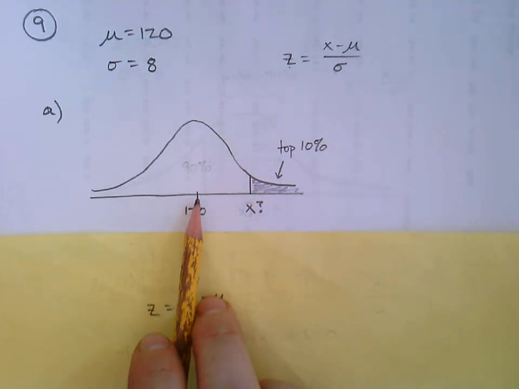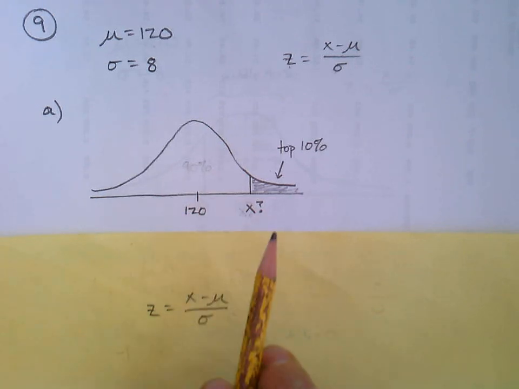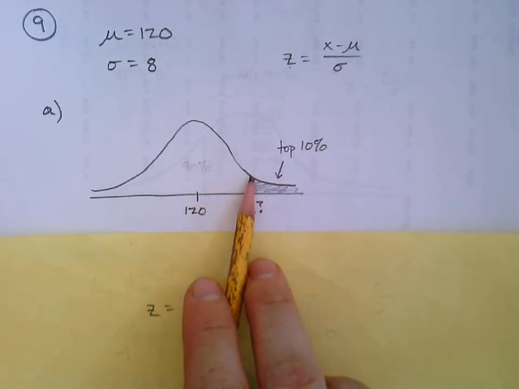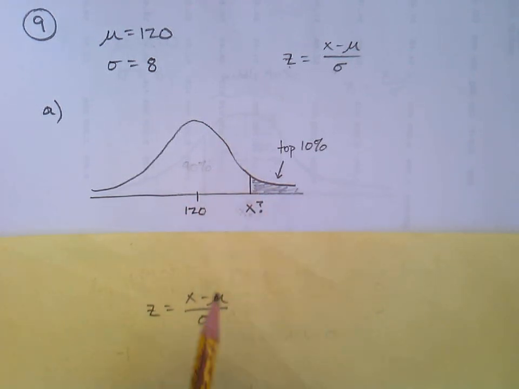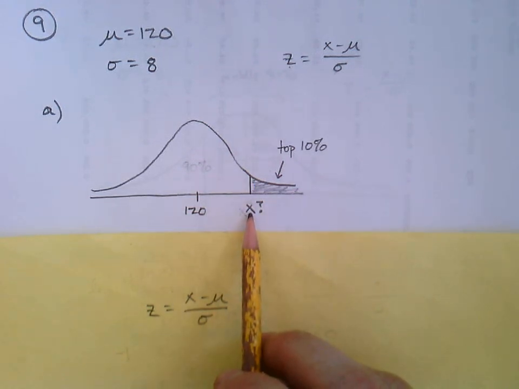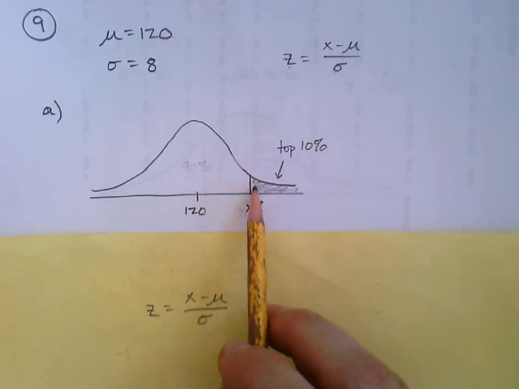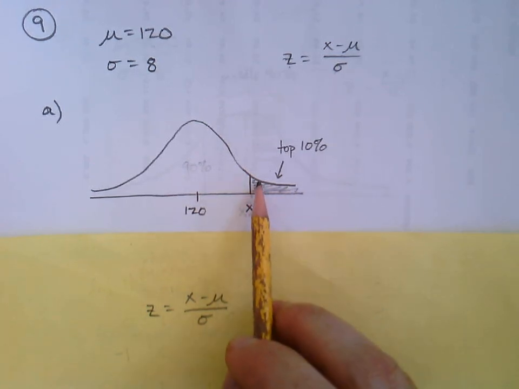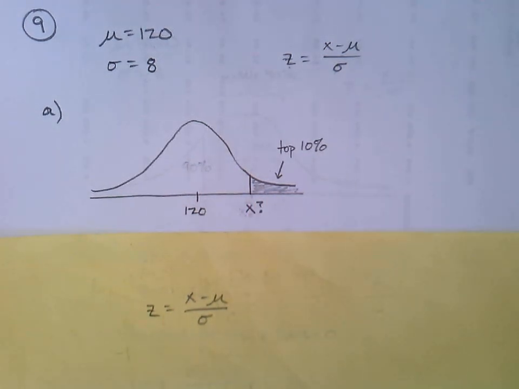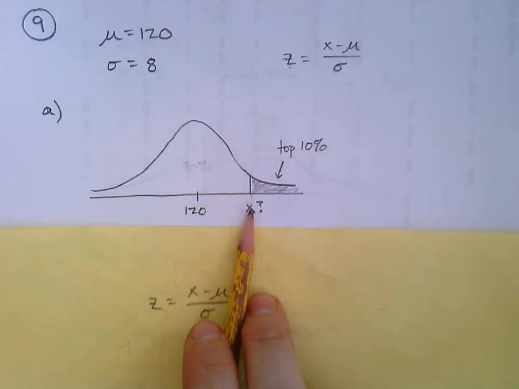They told us the mean is 120, so that's right in the middle. And they said, okay, what x value cuts off the top 10%? There's some x value up here, some systolic blood pressure reading that serves to designate the top 10%. So anything above that is in the top 10%. Our goal, to answer the question, is to figure out that x value.